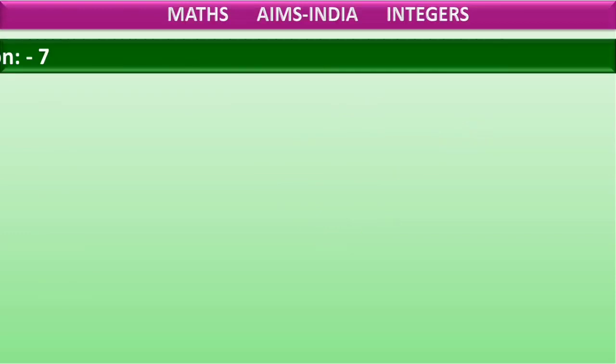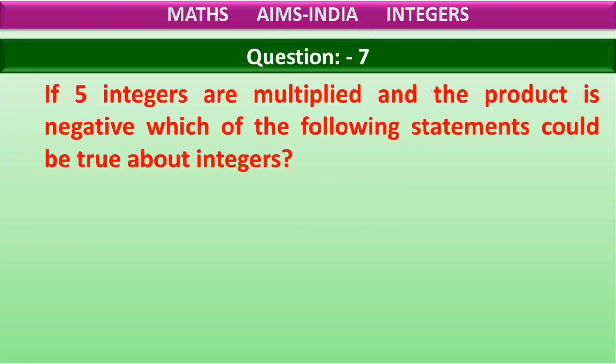Question number 7, the last question for the day. Listen to this carefully. If 5 integers are multiplied and the product is negative, which of the following statements could be true about those integers? There are 5 integers which are multiplied and the product is negative.